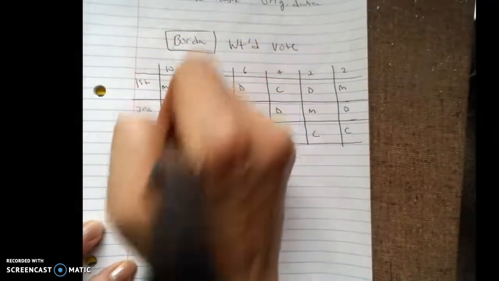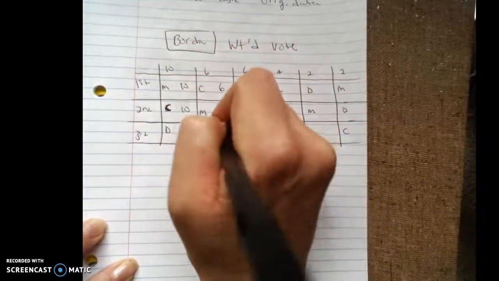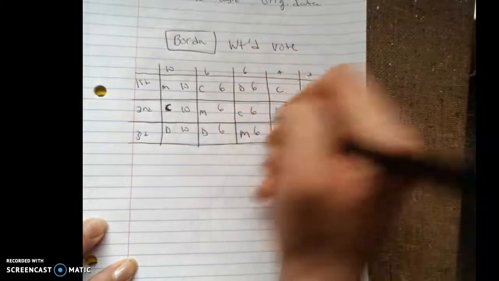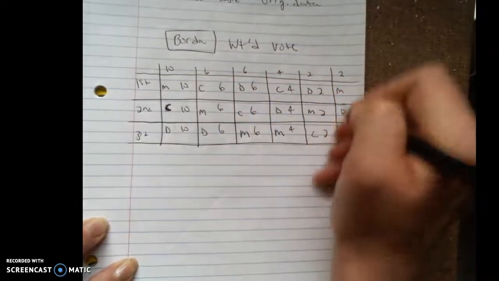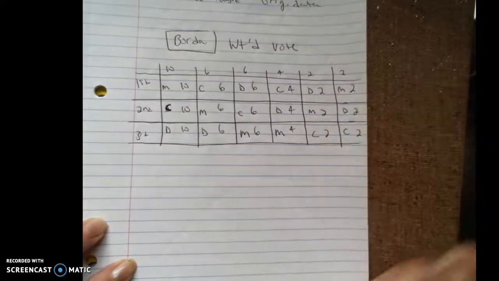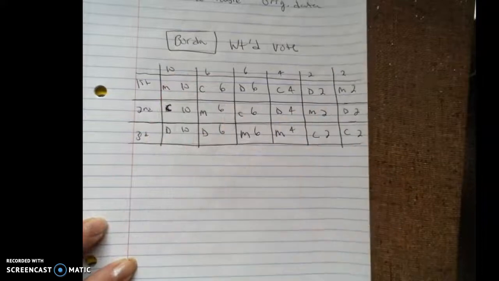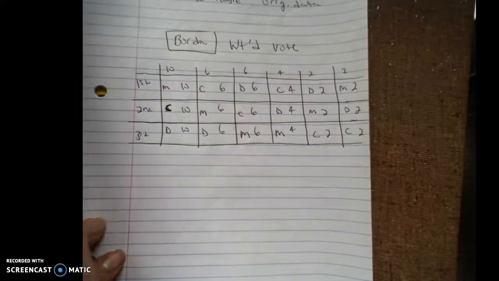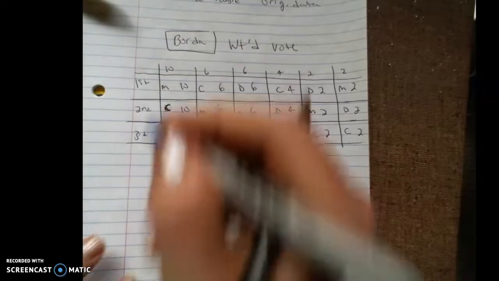Okay, so these 10 people voted in this order. So I'm going to do 10 and 6, 6, 6, 6, 6, 6, 4, 4, 4, 2, 2, 2, 2, 2, 2. Those are the number of votes for everything here. Then I am going to give them a scale.